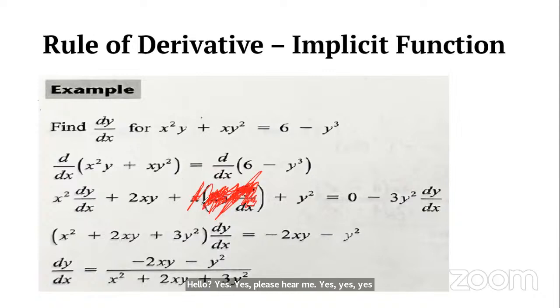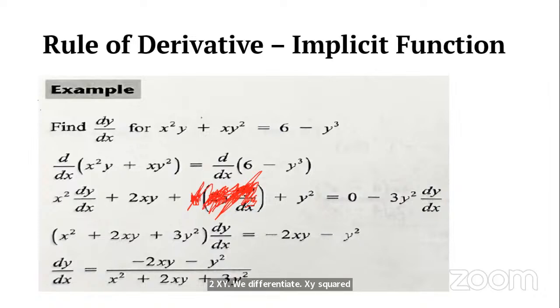Give me the second differential form for the equation. I'm canceling it so that you will not see the answer. After x squared dy dx plus 2xy, we'll differentiate xy squared.